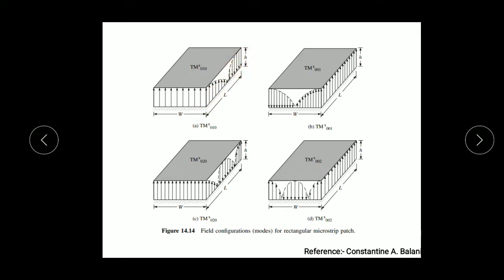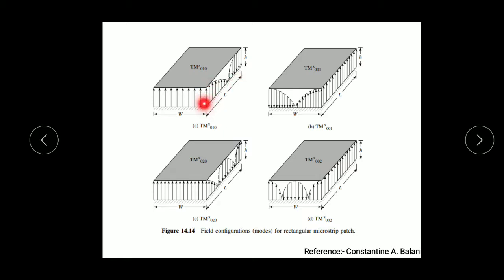This is the electric field representation in the L direction. The electric field distribution in the W direction is uniform, and the electric field intensity is minimum at the middle of the patch and maximum at the edge of the patch.